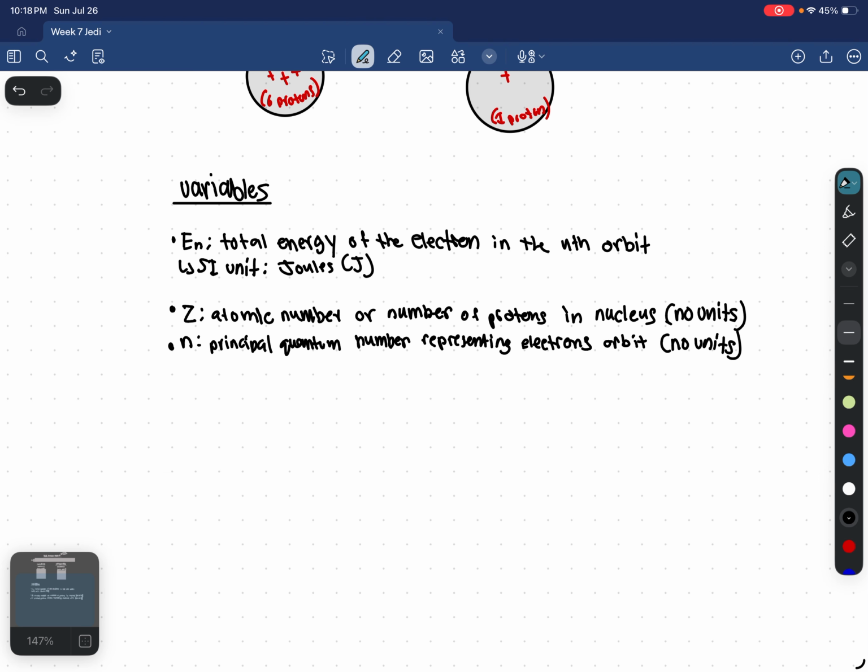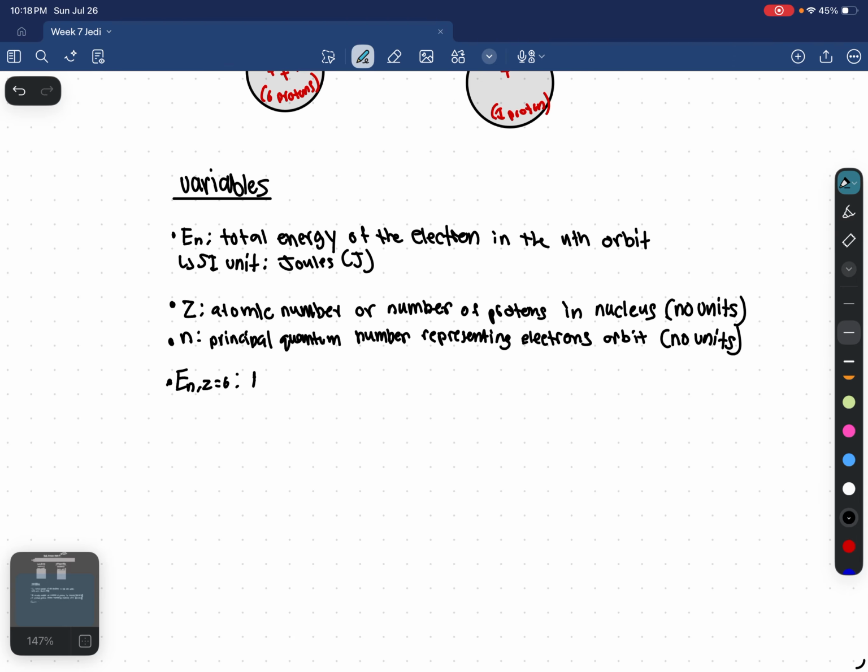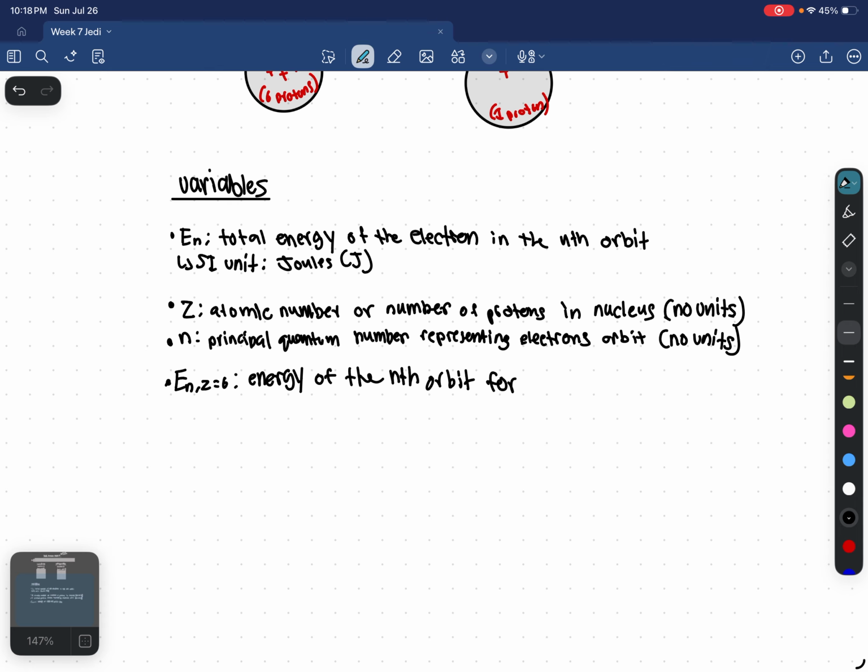Perfect. And we also need to know what E_n with Z equals 6 means, which is the energy of the ninth orbit of the ion with 6 protons. So it's the energy of the ninth orbit for the ion with 6 protons.